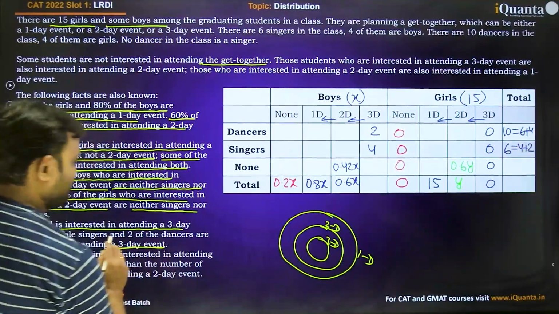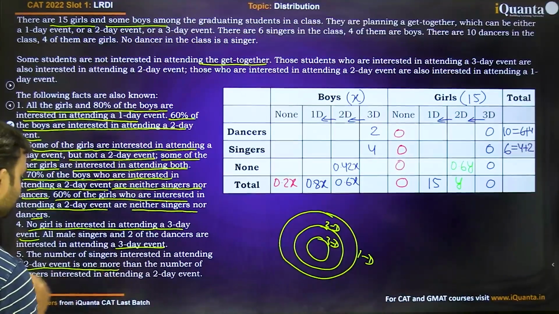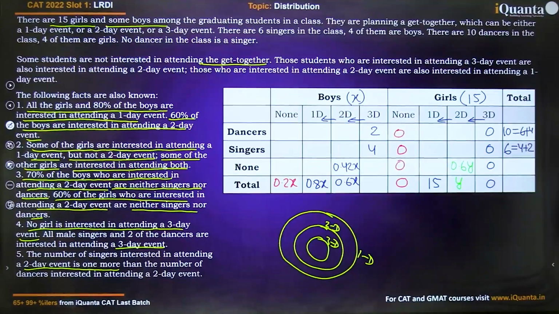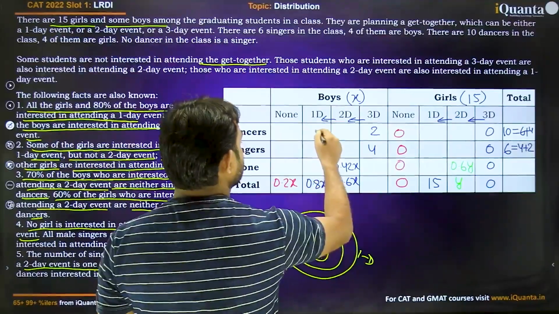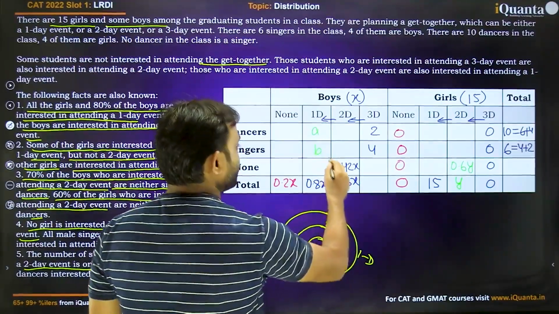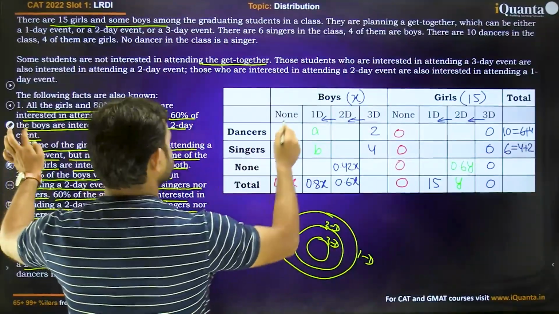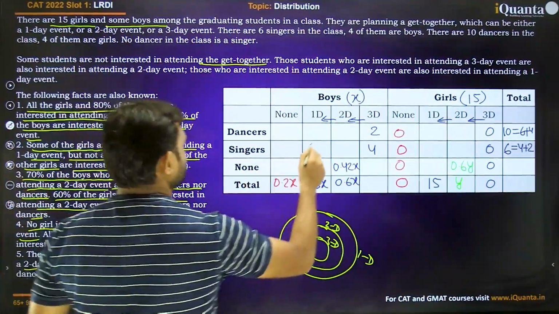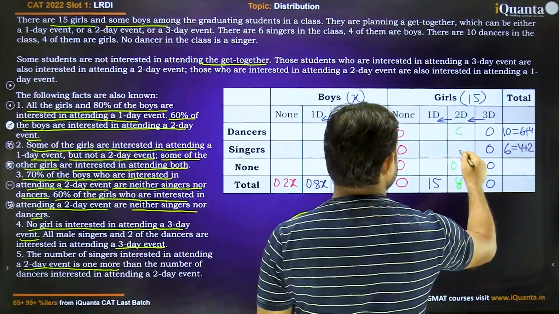So this is done. Next it says the number of singers interested in attending a 2-day event is 1 more than the number of dancers interested in attending a 2-day event. So let's say, if we check these values, dancers and singers, this value is A, this value is B, and this value is C, this value is D. Not 1 day, it's about 2 day.